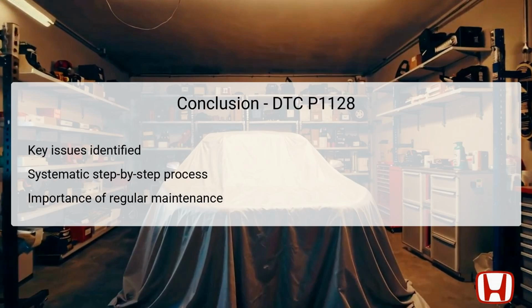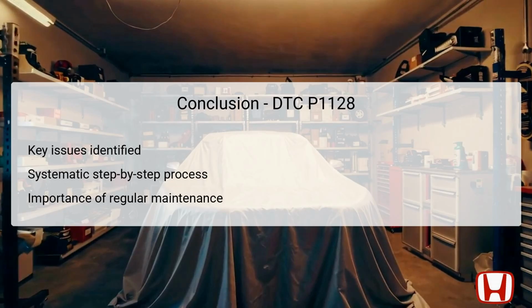In conclusion, diagnosing DTC P1128 involves a systematic approach to identify issues related to the MAP sensor and its associated systems. Key issues such as faulty sensors, poor wiring, and blockages can all lead to the signal being lower than expected.